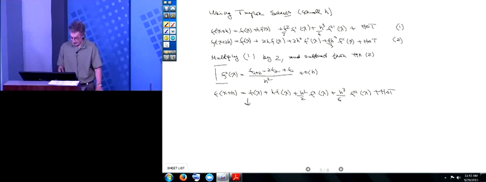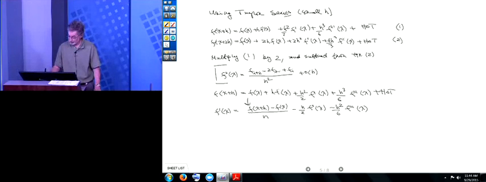From this we can obtain f prime of x as equal to f of x plus h minus f of x over h minus h over 2 f double prime of x minus h squared over 6 f triple prime of x. So that was the whole trick.